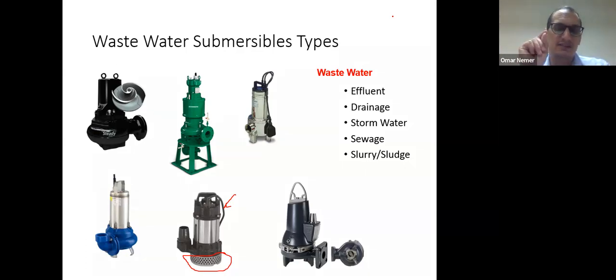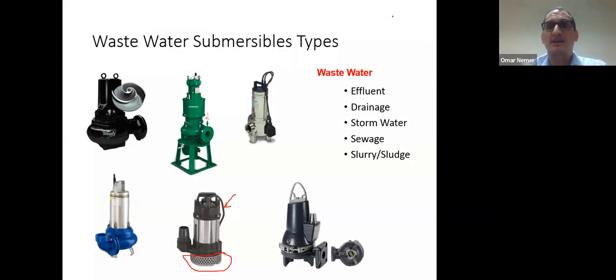But in slurry and sludge, it's actually clay in water. So the water content could be around half, but it's not the major part. So to pump this kind of liquid, make sure the pump is designed to pump sludge.